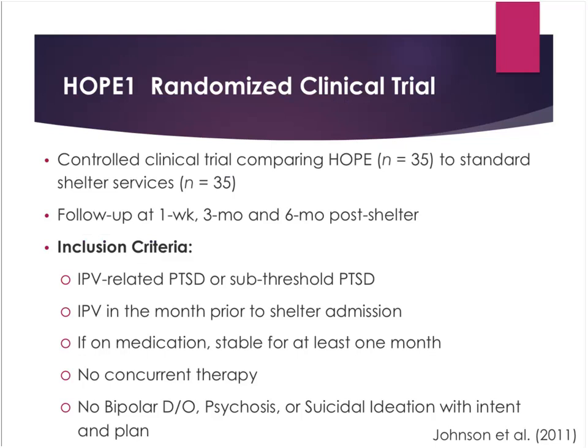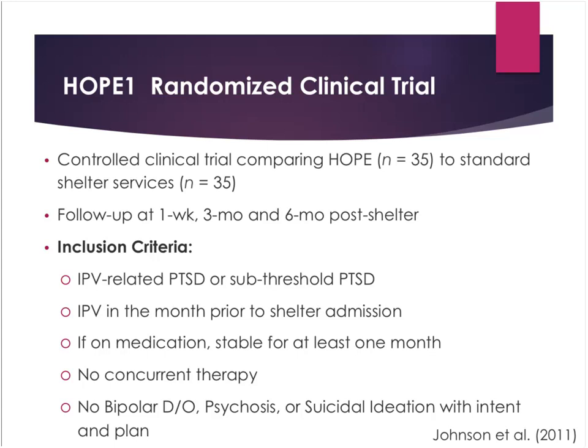And then the women who got HOPE got that plus HOPE. We compared them, and that was randomly determined. Treatment occurred only while women were in shelter, and then we followed them up 1 week after they left shelter, 3 months after they left shelter, and 6 months after they left shelter.